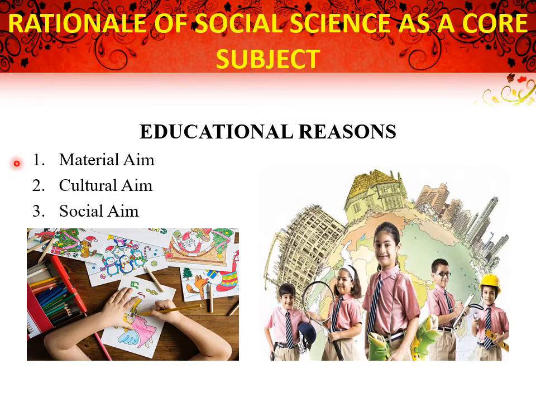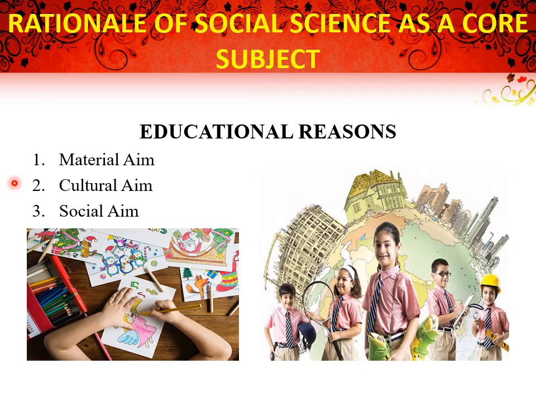Under material aim, generally parents have a desire to fit education with their child to earn his living, and think of education as primarily a form of vocational preparation. And secondly, the cultural aim: the philosopher insists on cultural rather than utilitarian aim of education.